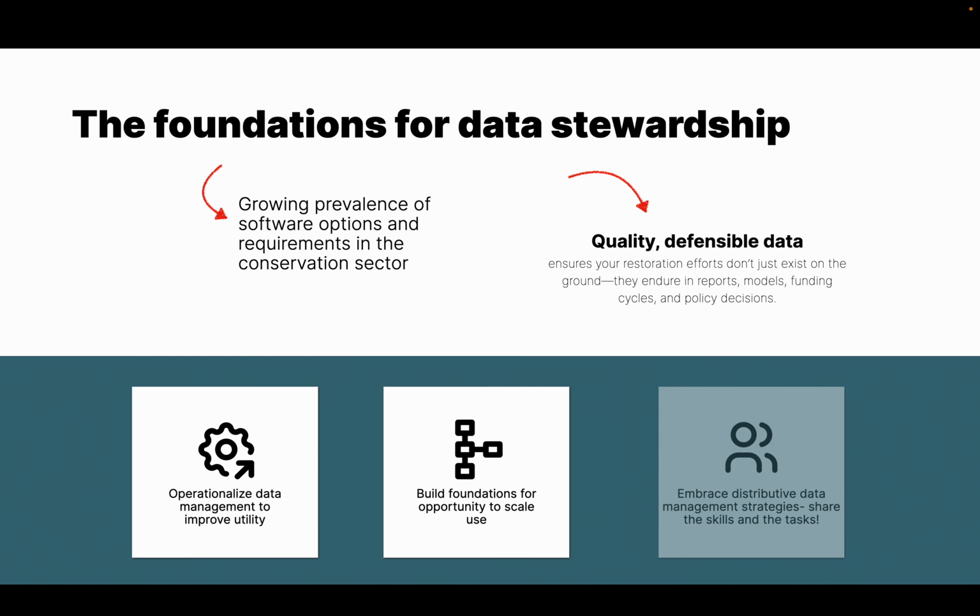So, what are some things that can really help with data stewardship and these management plans? When you have a management plan, you can operationalize your data management, make it part of your day-to-day at your organization, and it's going to improve the utility of the data and the strength of your staff. It's also going to build foundations for opportunity to scale use.